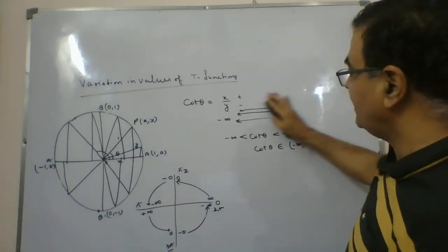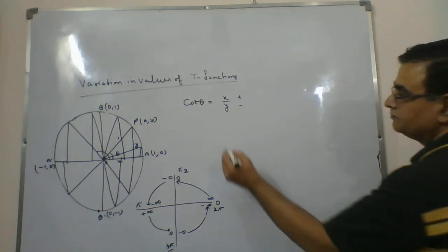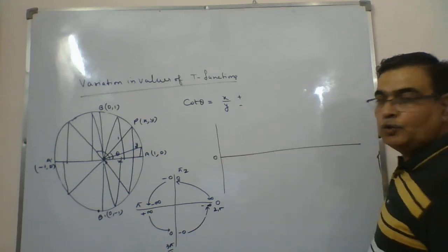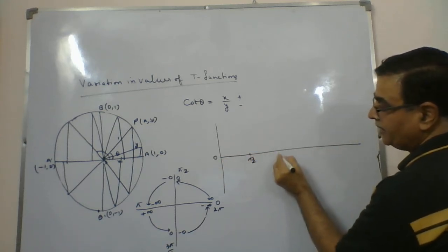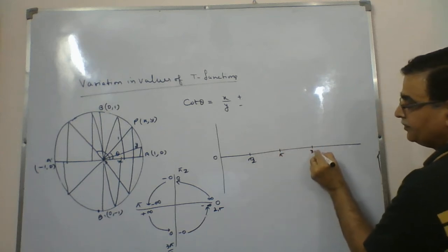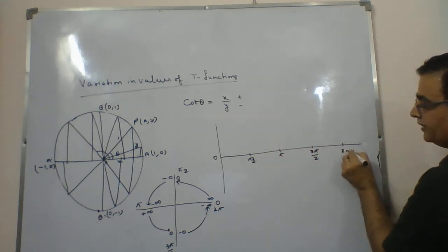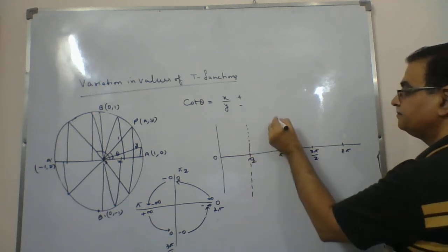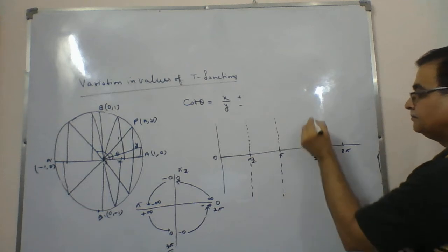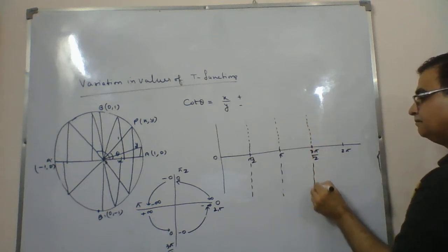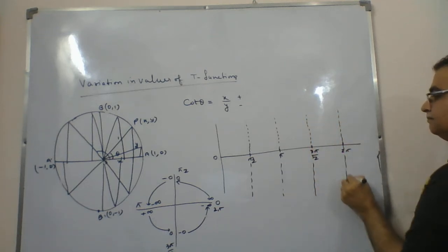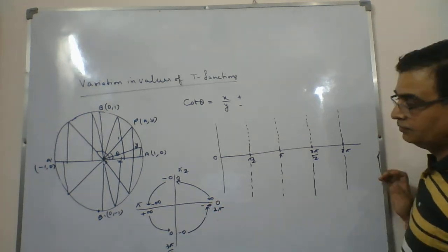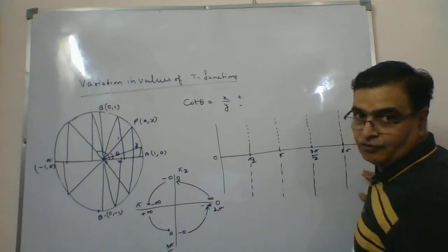So just check what the graph of this comes to. Again we will say it is 0. It is pi by 2, it is pi, it is 3 pi by 2, and this is 2 pi. And here we take the dotted lines. First at 0, what does it come out to be? Infinity.